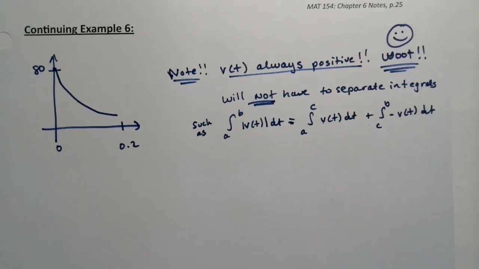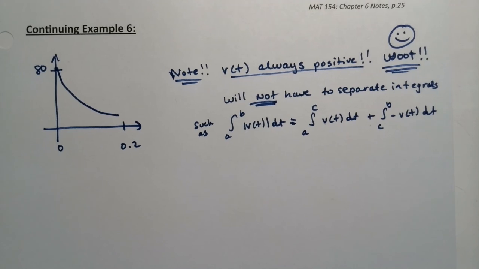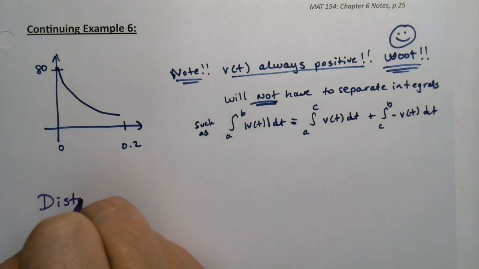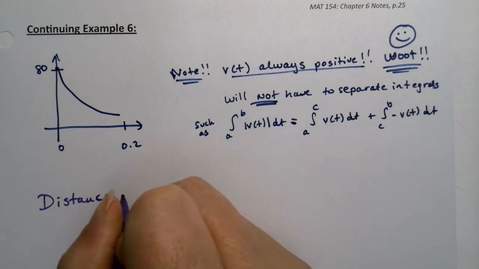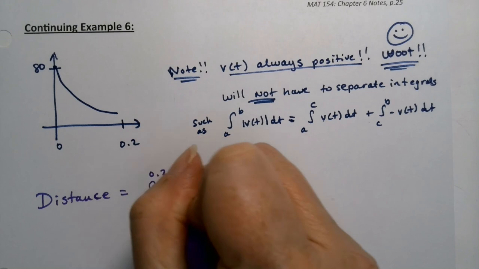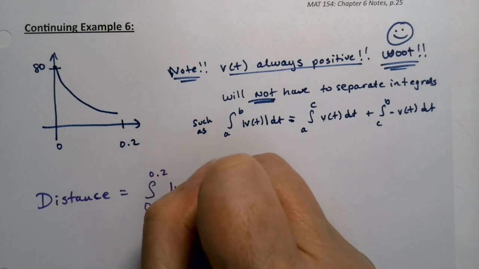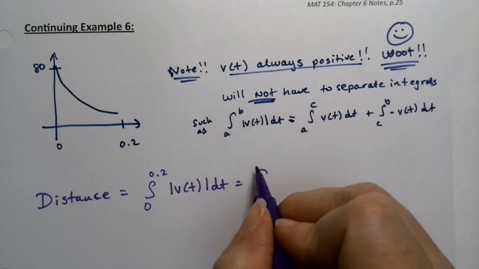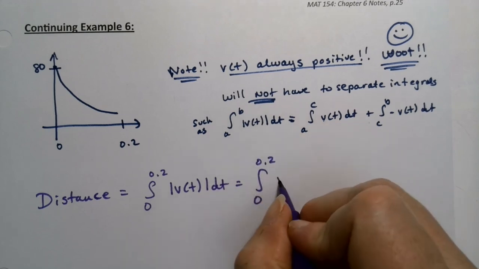I like it. All right, so this means that the total distance traveled is equal to the integral from 0 to 0.2 of the absolute value of v of t, but that would just be equal to the integral of v of t because it's always positive.